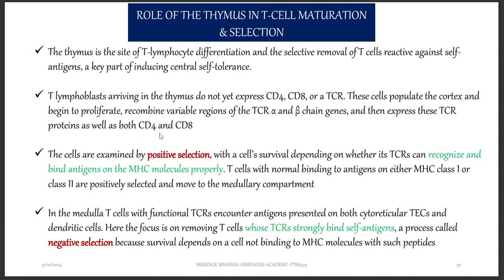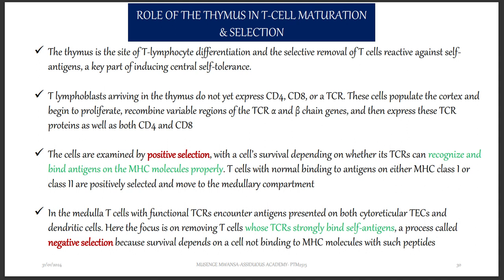Multiply 4 by 2, that gives you 8. And CD8 is supposed to recognize MHC class 1. 8 by 1 is 8 also. That is the rule of 8. So a cell that contains CD4 is going to recognize and bind antigens on MHC class 2.